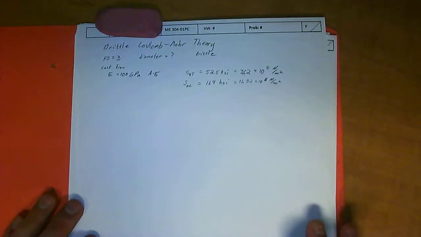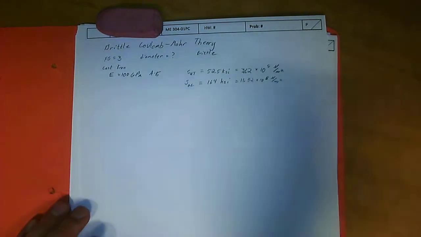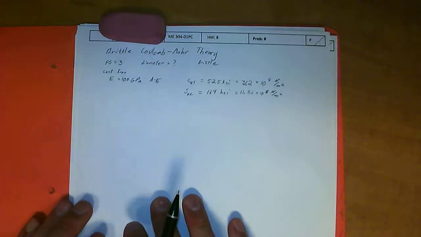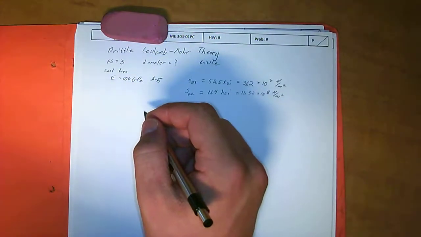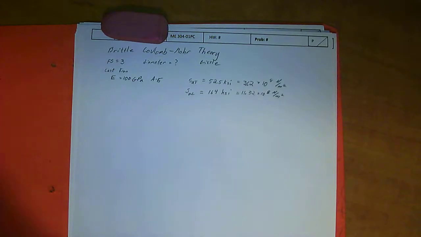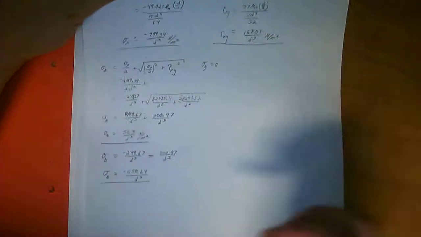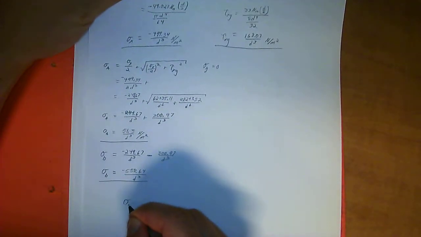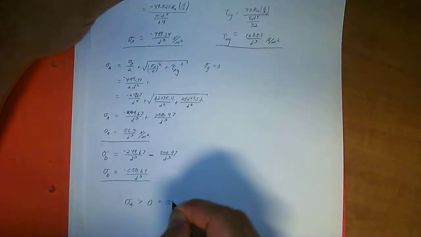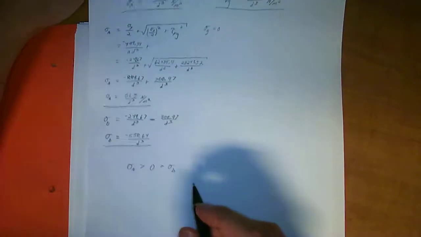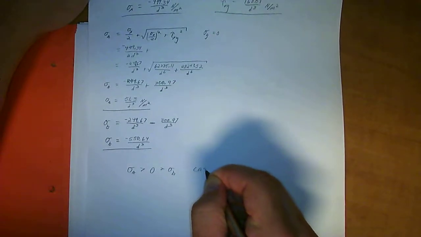Moving on with that, using the conditions of Coulomb-Mohr, I'm not going to go into those. Actually, I'm going to go back to this other sheet to do this. So I know that sigma A is greater than 0, which is greater than sigma B. So within brittle Coulomb-Mohr theory, this is case 2, which we'll be needing here in a second.